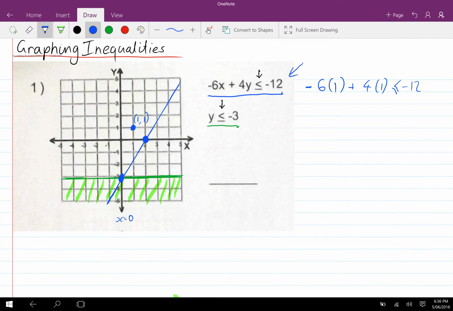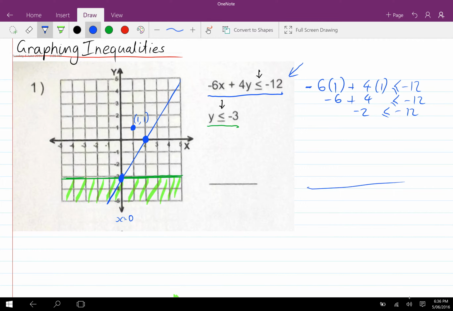Okay, so let's just test it. Minus 6 times 1 is minus 6, plus 4 is less than minus 12. Okay, minus 6 plus 4 is minus 2, is less than minus 12. Okay, and minus 2 is bigger than minus 12.